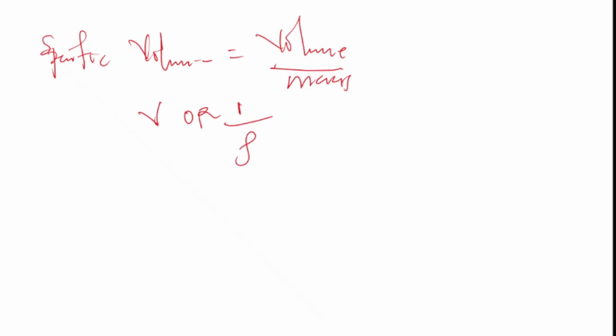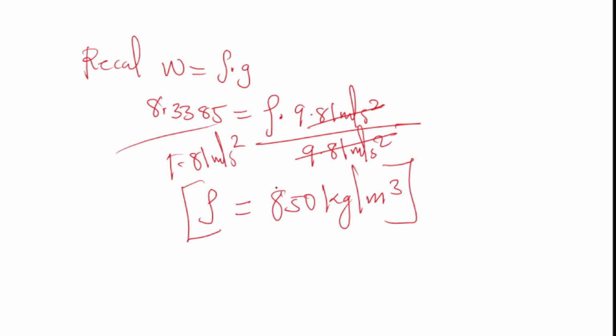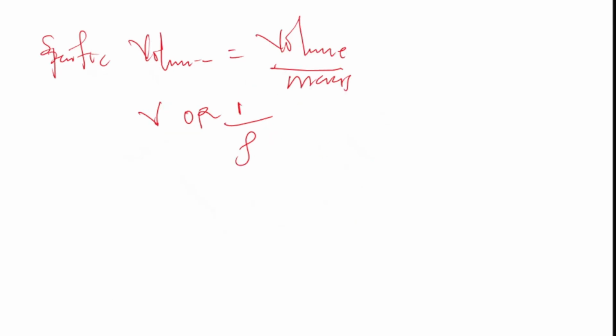Now look at what you've gotten already. You've already gotten the density, which is mass density or specific mass, 850 kilogram per meter cube. So you simply input it into this equation to calculate your specific volume. So your specific volume will now be 1 divided by 850.